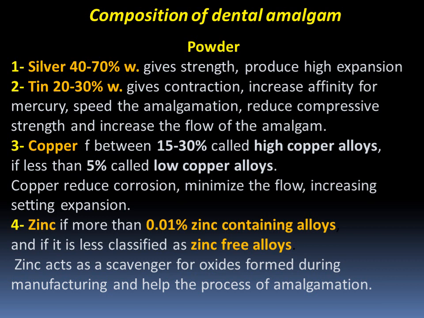If there is more than 0.01% zinc, it is a zinc-containing alloy, and if less, the amalgam is classified as a zinc-free alloy. Zinc acts as a scavenger for oxides formed during manufacturing and helps the process of amalgamation. From here, we can see that this composition is very important for the mechanical properties of dental amalgam.